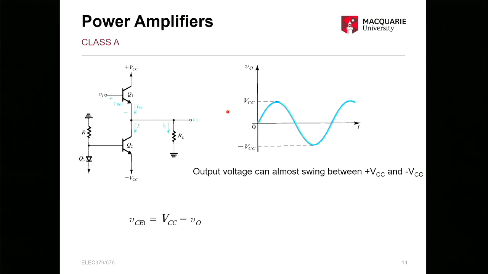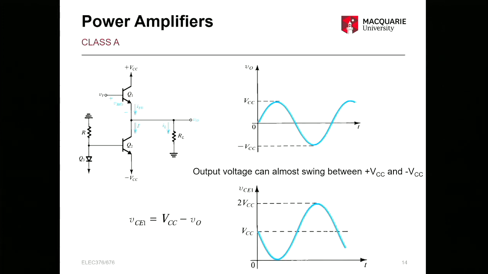Now if we're interested in power dissipation, which will lead to temperature rise in our transistors, that's linked to the VCE of the transistor. The voltage from collector to emitter that's dropped across that transistor all goes into your junction temperature. So that's VCC minus Vout, straightforward.